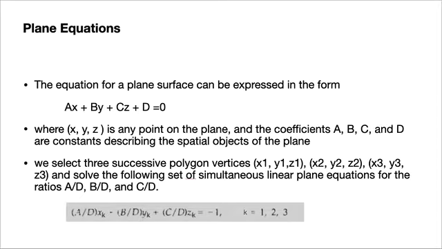So the equation for a plane surface can be expressed in the form given here, that is ax plus by plus cz plus d equal to 0. Okay, so this is the equation for a plane surface, and here x, y, z is any point on the plane, and the coefficients a, b, c and d are constants describing the spatial properties of the plane.